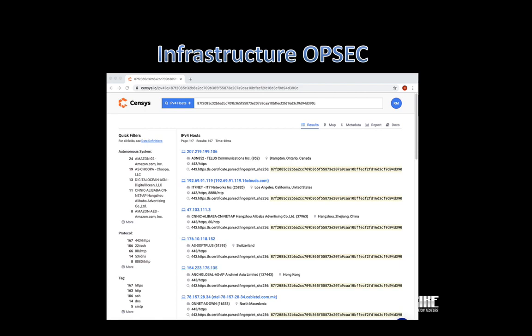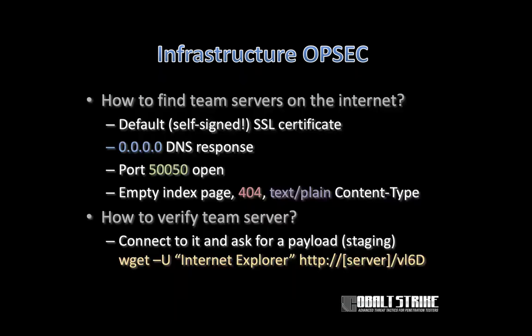Third is, let's say you find a Cobalt Strike server, what information is available to an analyst who has sufficient knowledge of the tool? The last question is, given all this information, how do you as a red team push back on this kind of analysis if you wish to do so? And these questions bring us here to questions 1 and 2.